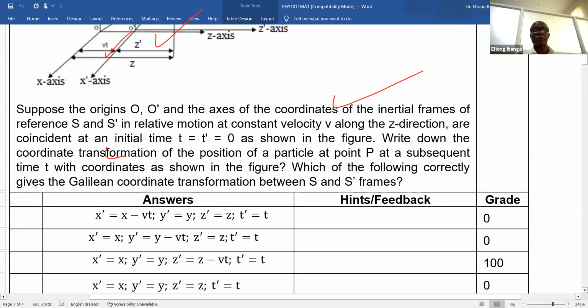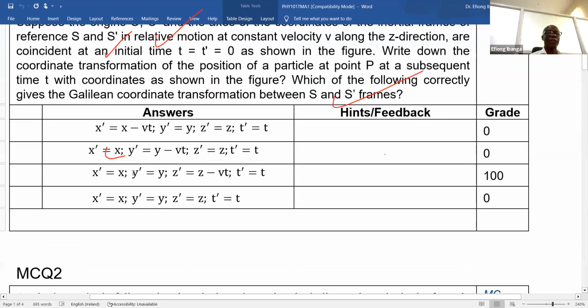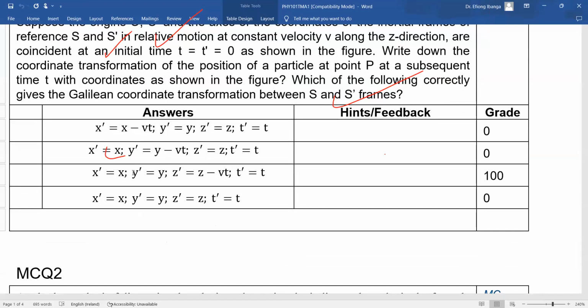So the question now is, write down the transformation of the position at T with coordinates as shown in the figure. So you choose which one correctly gives the relationship. You can see that I've given the correct answer there myself.